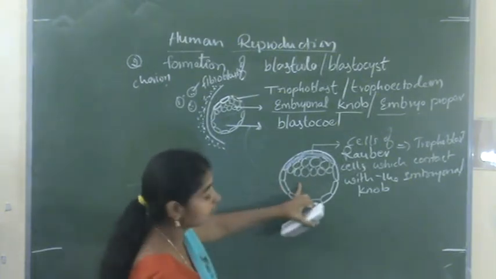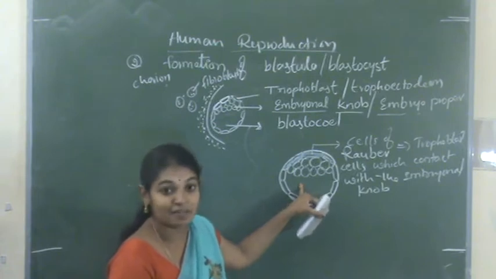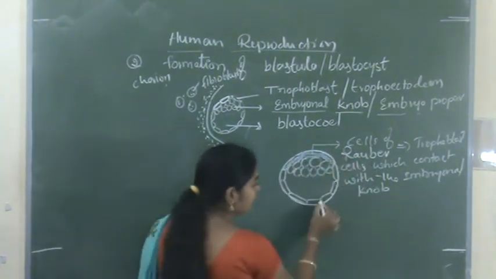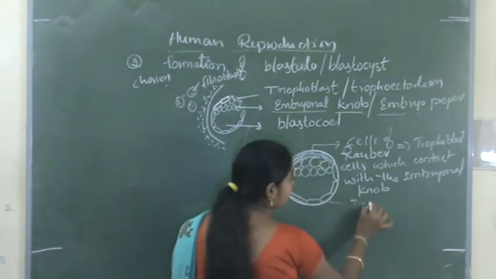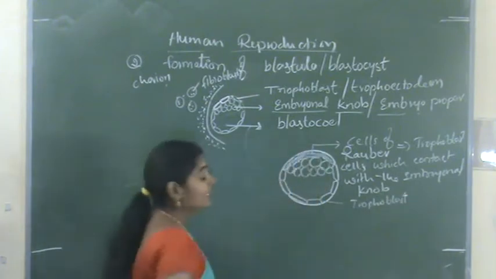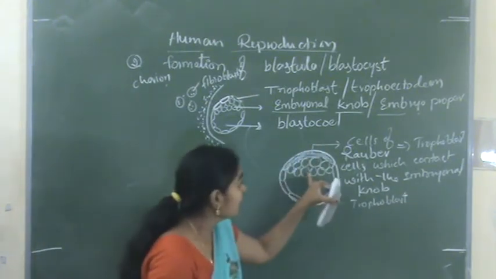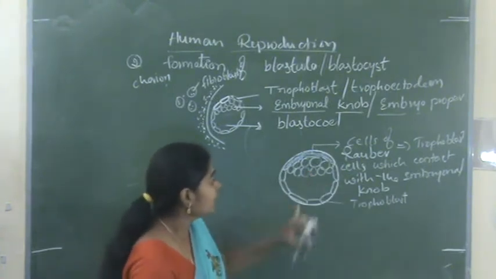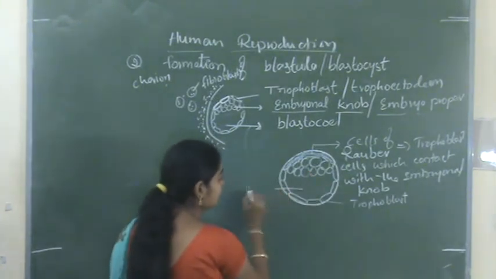So the structure of the blastocyst contains mainly 4 parts: the cells of Rauber, the trophoblast layer, then the embryonal knob, and the blastocoel.